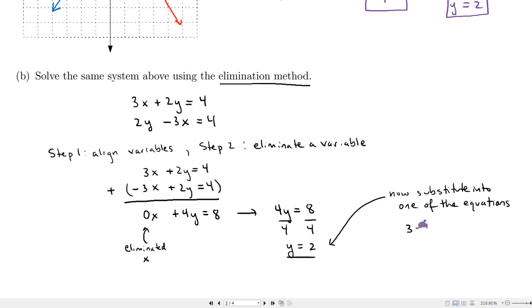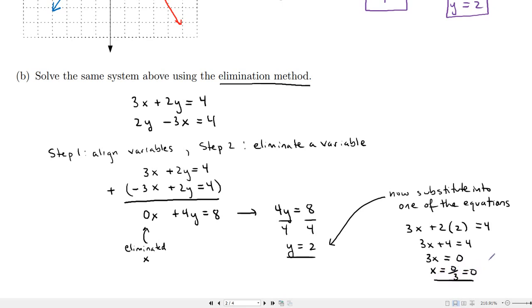So we have 3x plus 2 times 2, that's our y that we're substituting, equals 4. And then that would say 3x plus 4 is equal to 4. So subtracting, we have 3x is equal to 4 minus 4, which is 0. So x is, dividing both sides by 3, 0 over 3, which is 0.